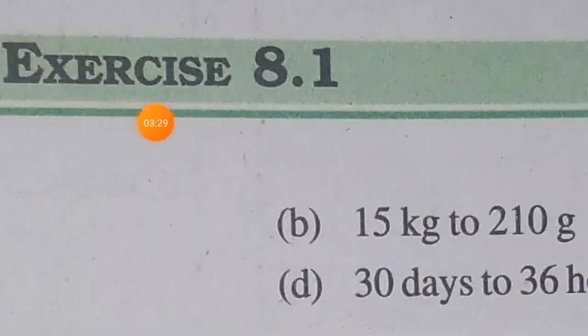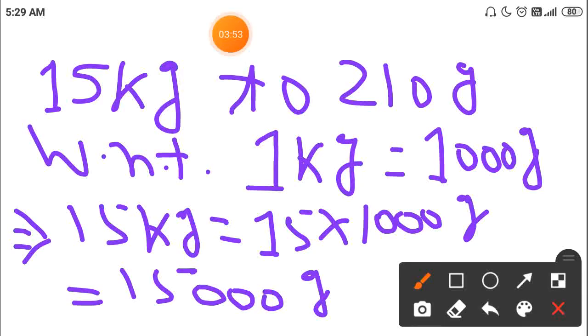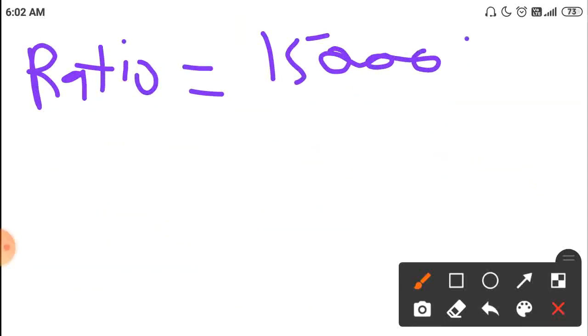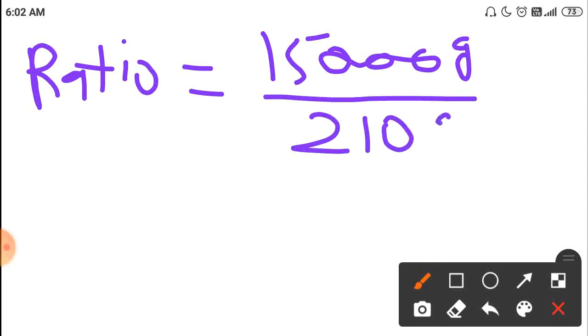Now part B, 15 kg to 210 g. Again in this part 15 is in kg and 210 in g. So kg and g are different units. So first we convert kg into g to make the unit the same in both quantities. 15,000 g upon 210 g.